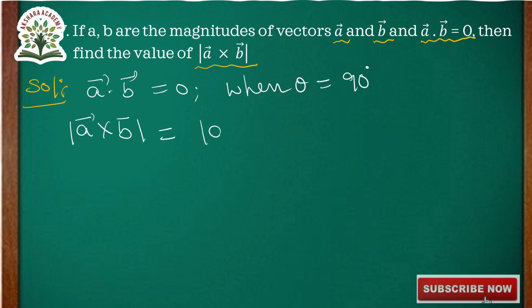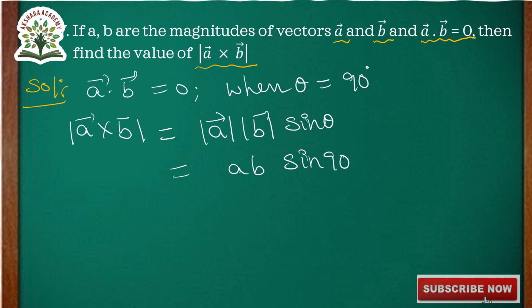So that is equal to modulus of a bar, modulus of b bar, sine theta. Theta is equal to 90 degrees, so ab sine 90. Sine 90 is equal to 1.